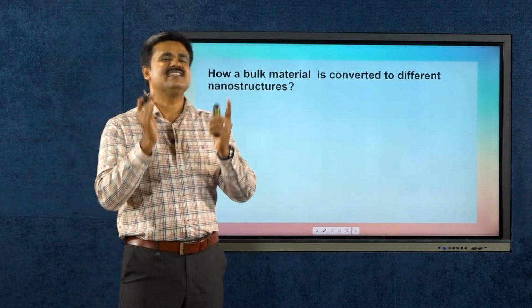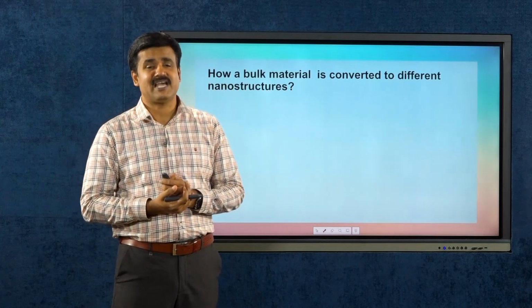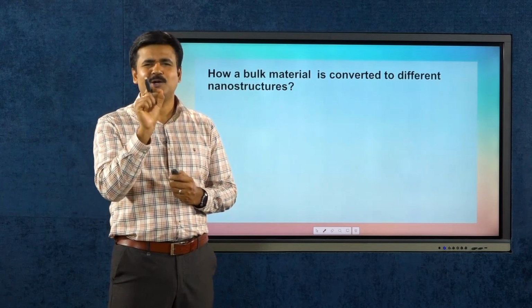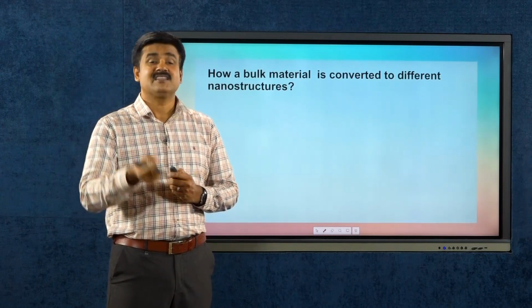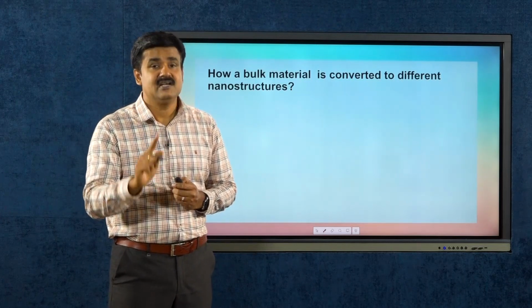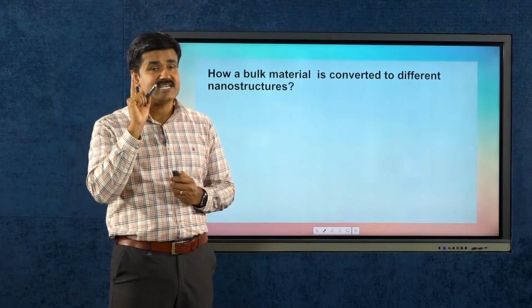So, in Siegel's classification of nanomaterials based on dimension, there will be a number like 0, 1, 2, 3, etc. That number represents the number of dimensions which are outside nano. That point is very important.